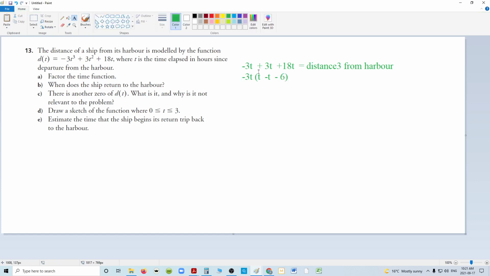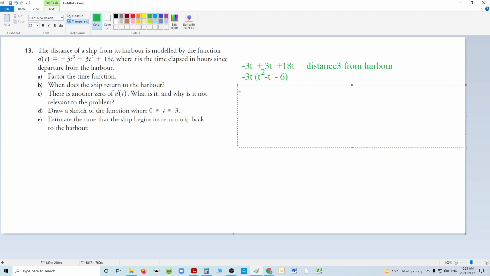So we're left with this very easy to factor number, and we're dealing with a plus and a minus. So we've obviously got minus 3t, t plus 2, and t minus 3. And those are the only possible values. So that means we're going through the x-axis at 0, 0, minus 2, 0, and 3, 0.